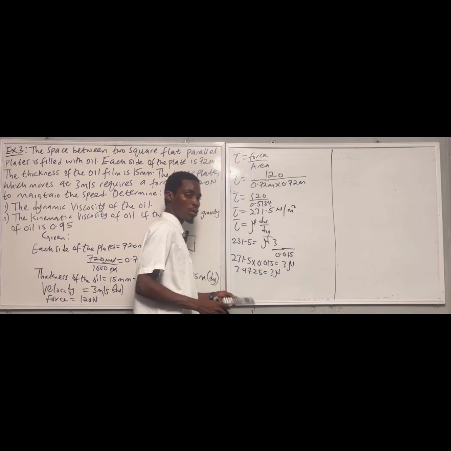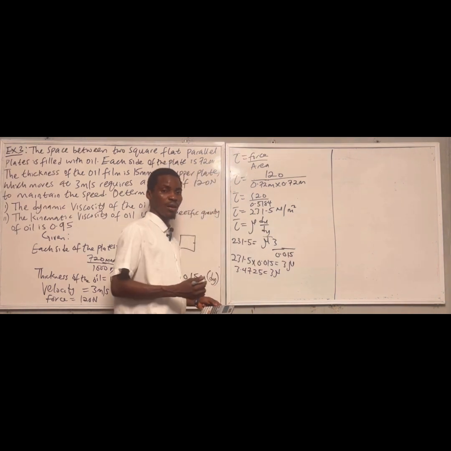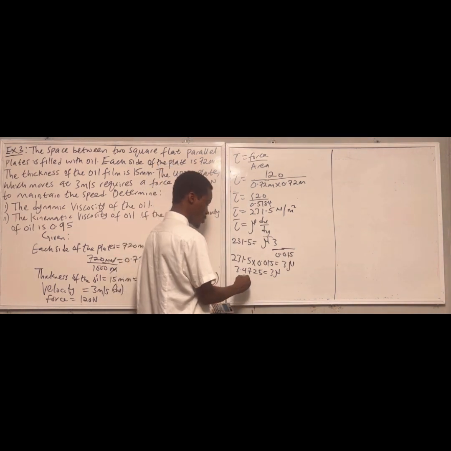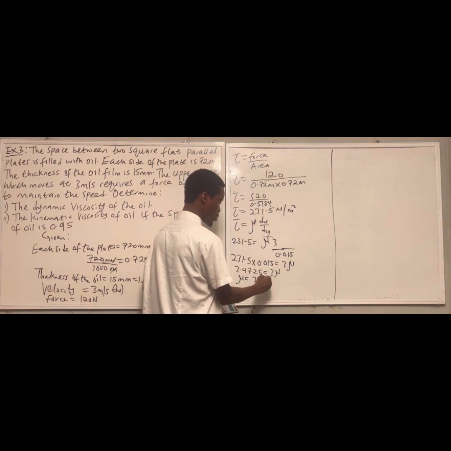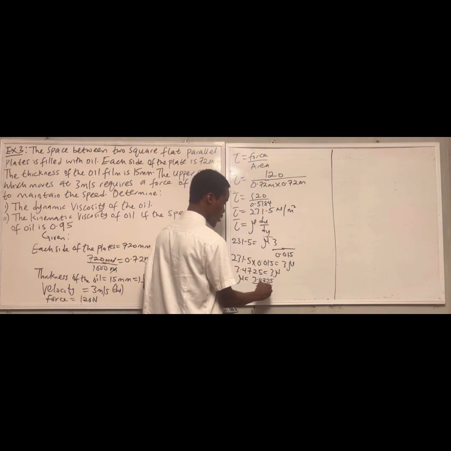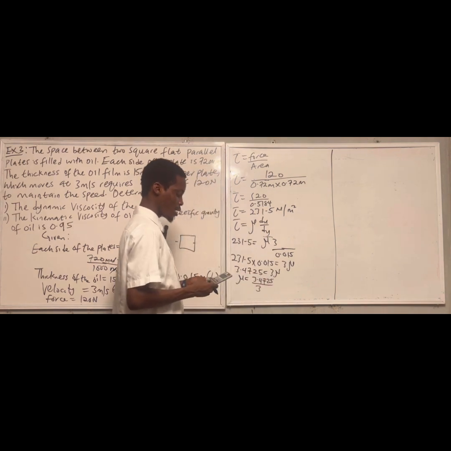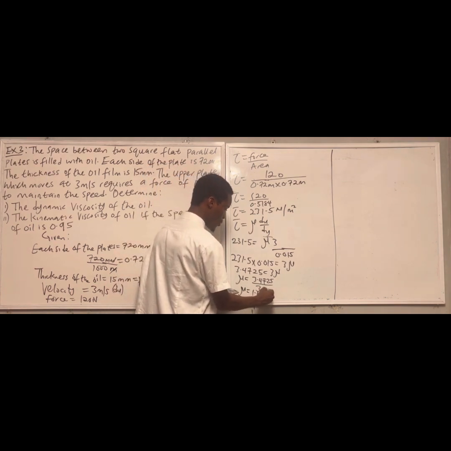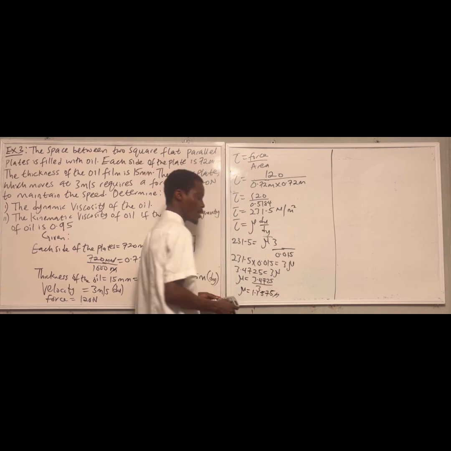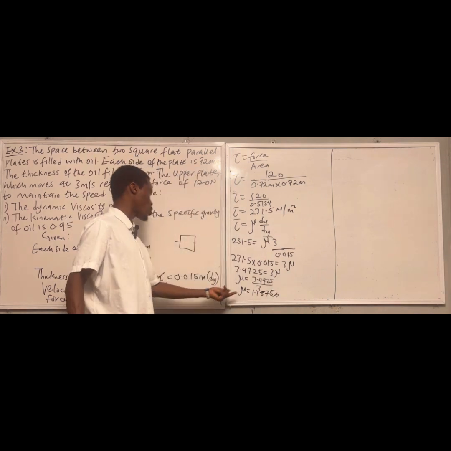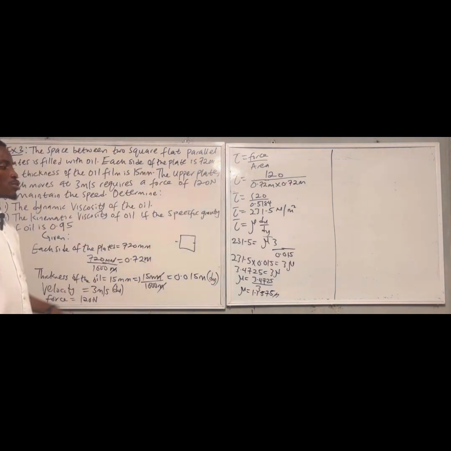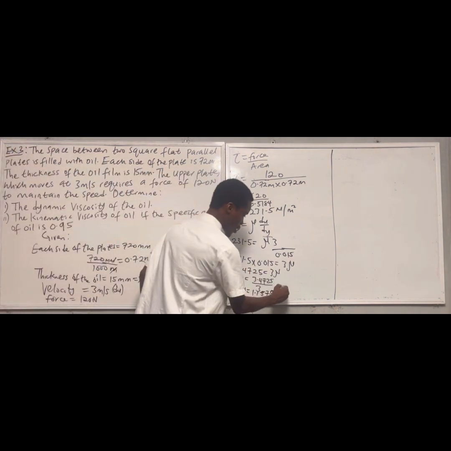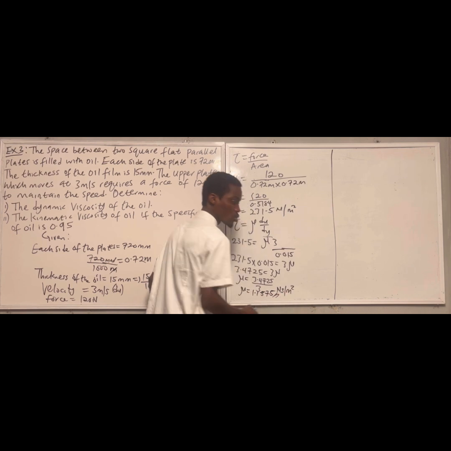So I want to get my viscosity. I have to divide both sides by 3. 3.4725 over 3, mu is 1.1575. So the dynamic viscosity of the oil is 1.1575 Newton seconds per meter square.